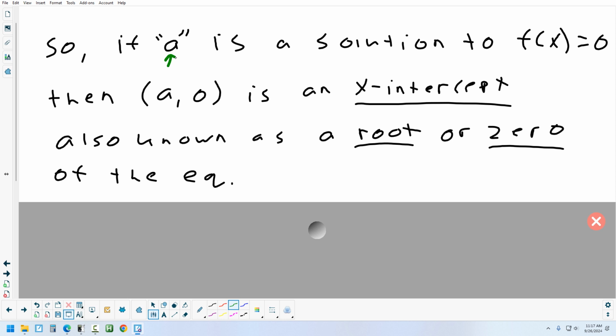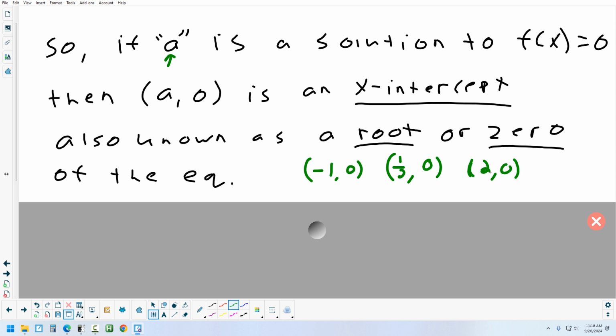When you write those numbers as a coordinate, like -1, 0, 1/2, 0, 2, 0, those are called x-intercepts. So when you take the three numbers we found and write them as a coordinate with a comma and a 0, you've given me the x-intercepts.